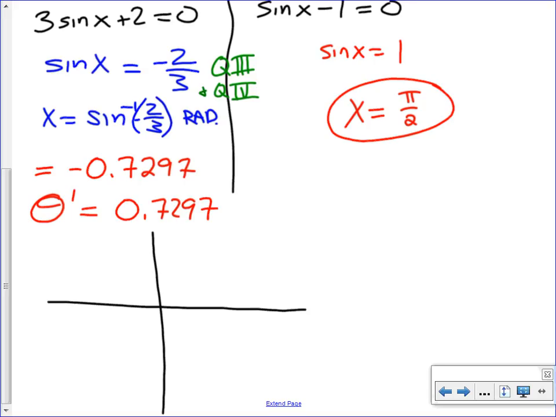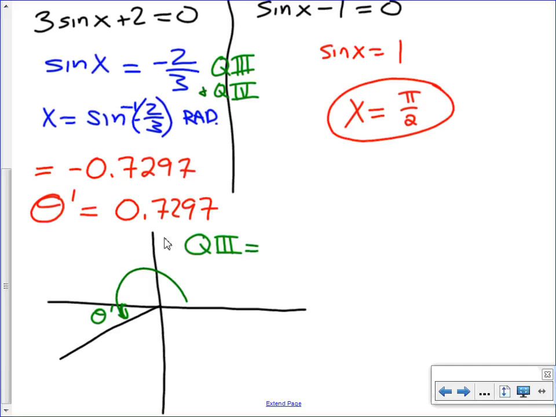There's a reference angle in quadrant 3. If this is your reference angle right here, then the angle in quadrant 3 will go all the way around. So in quadrant 3, it's your reference angle plus what? 180, which is pi in radians.